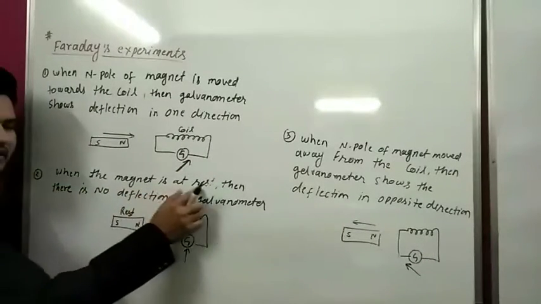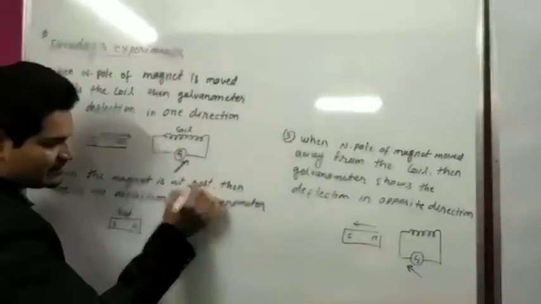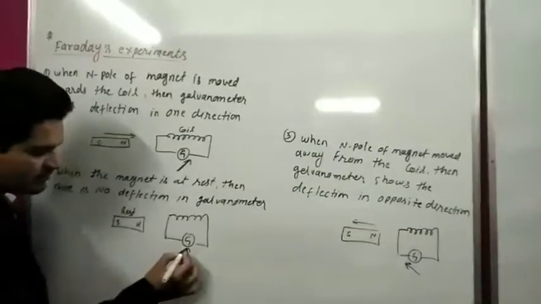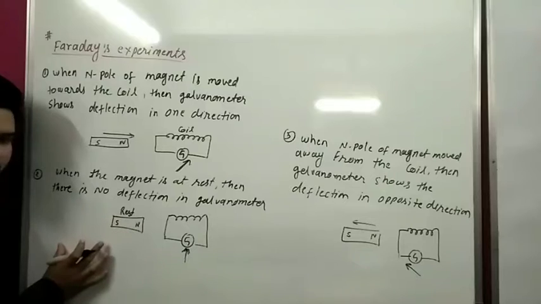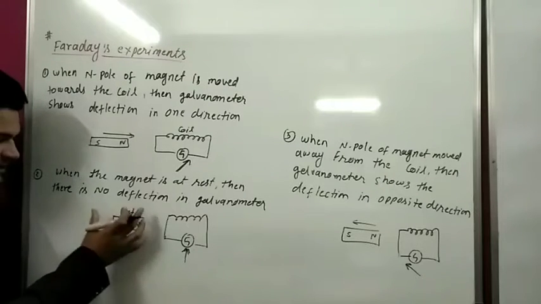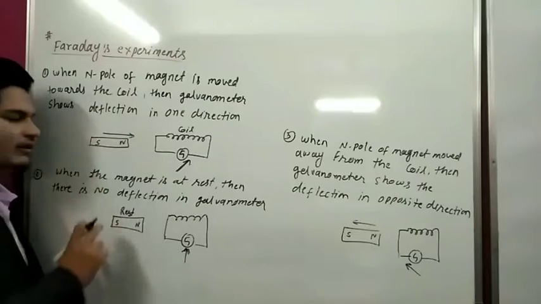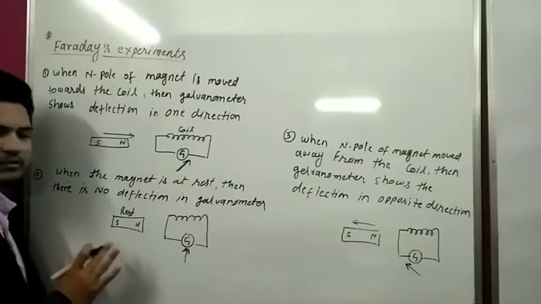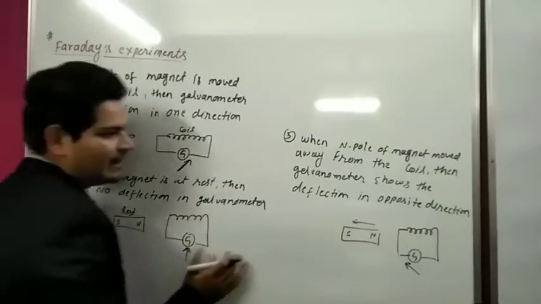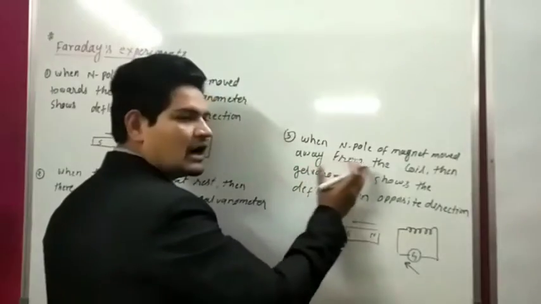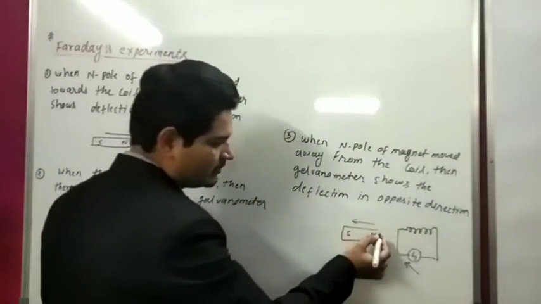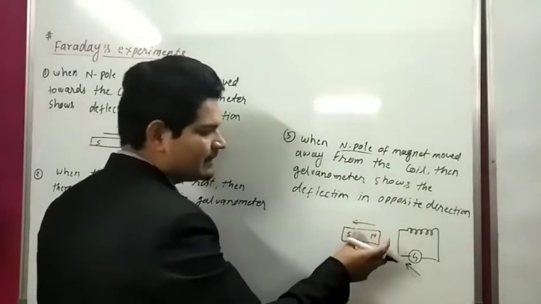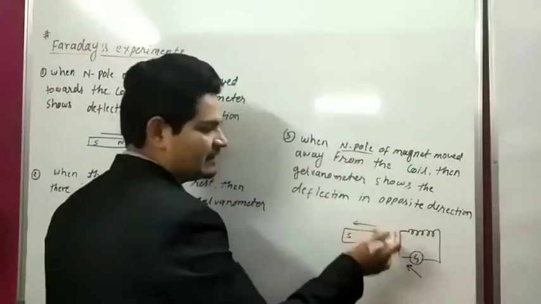And when the magnet is at rest, then there is no deflection in the galvanometer, because the magnet is at rest. When the north pole of the magnet moves toward the coil, the galvanometer shows deflection in one direction, and when the north pole of the magnet moves away from the coil, then the galvanometer shows deflection in the opposite direction.